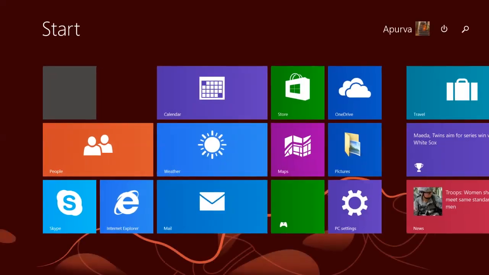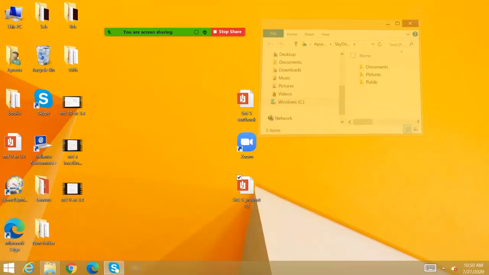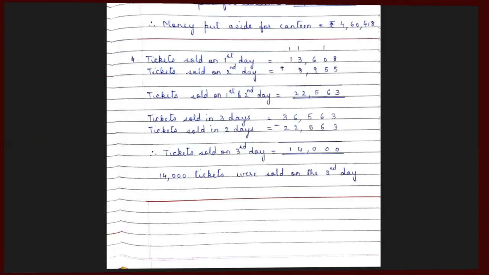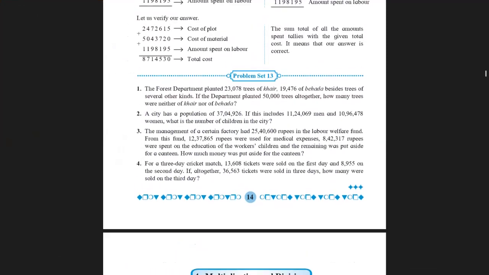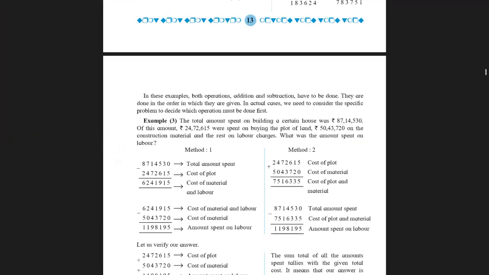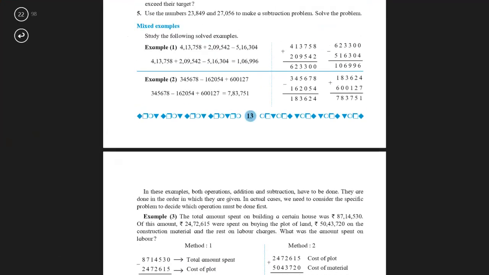Okay, children, I hope all these 4 questions which we have done today are clear to you. With this, we are finishing chapter number 3. Okay, addition and subtraction. So now for this exercise, though I have explained to you the solved examples, those are just for you to revise.